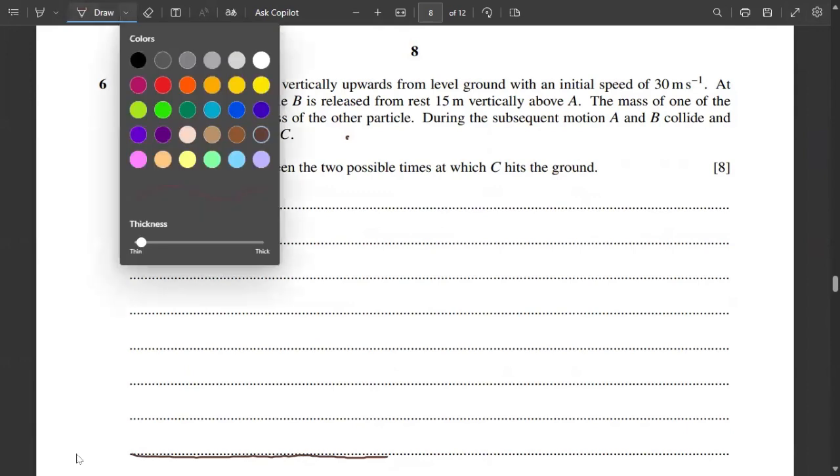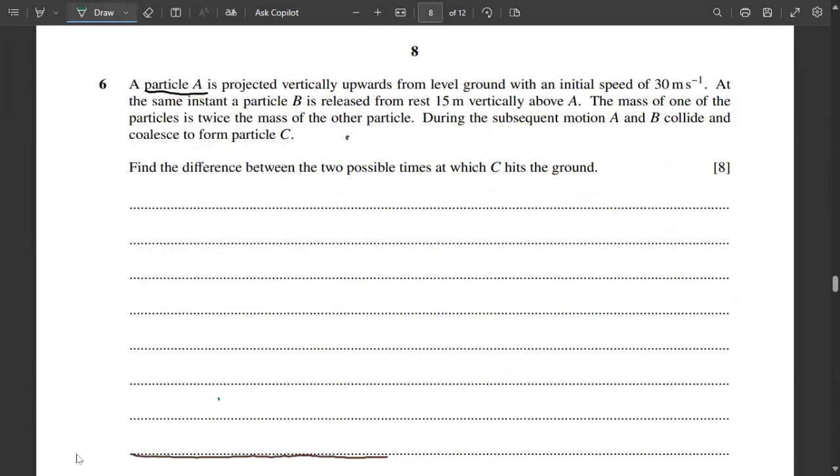This is particle A, projected vertically upwards. Let me label it A, with the initial speed of 30 meters per second. At the same instant, particle B is released from rest 15 meter vertically above it.